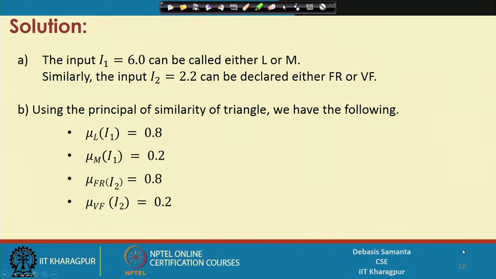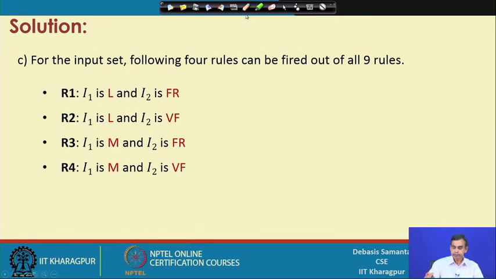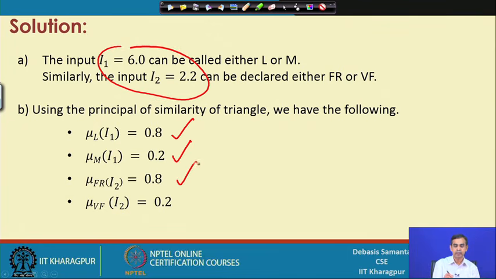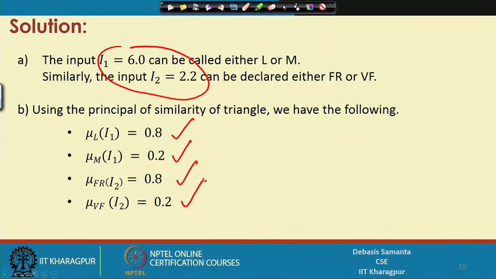For the two inputs, we can calculate mu L I 1, mu M I 1 and the other two. So, these are the four different values that can be calculated from the fuzzy linguistic state description using the principle of similarity that we have already discussed in the Mamdani approach.